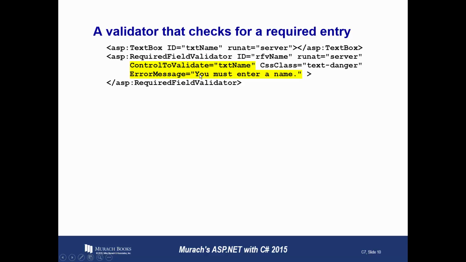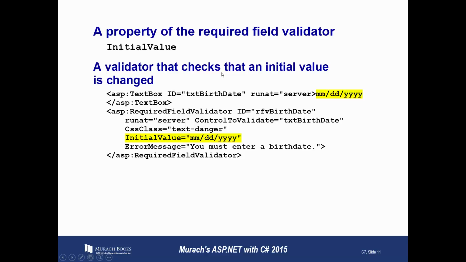And if you don't give it a message, it just gives you a generic message, which doesn't make much sense. I like to say what it is, so if it's a required field, I'll say something like name field is required. You don't have to do that, but I think at least it's a good idea to do that. All right? You can use an initial value.